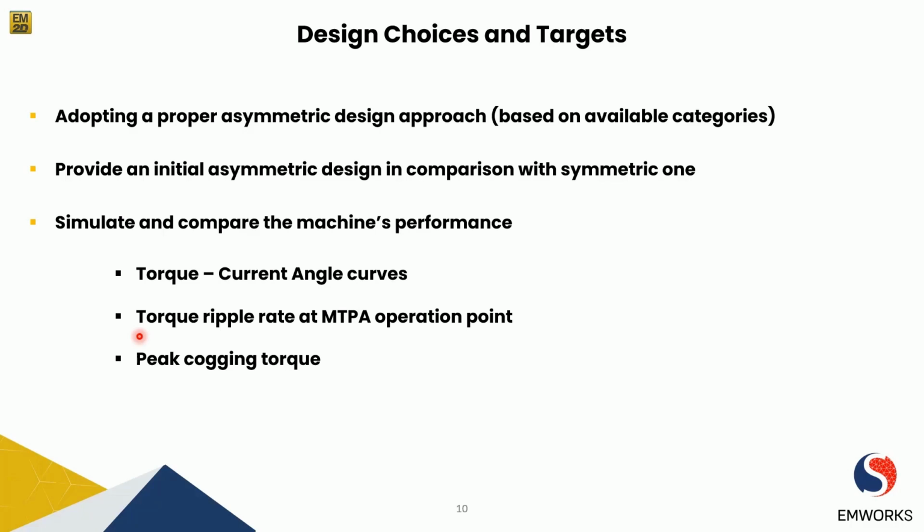We may want to use the axially asymmetric design method, or in other groups we can apply a symmetric configuration of the PMs but simultaneously use an asymmetric rotor core, etc. So the first step is choosing a proper asymmetric design approach and category, and after that we have to initialize the design procedure by coming up with an initial design using the design formulas, and we also have to consider a comparison with the symmetric one, because it is very important.